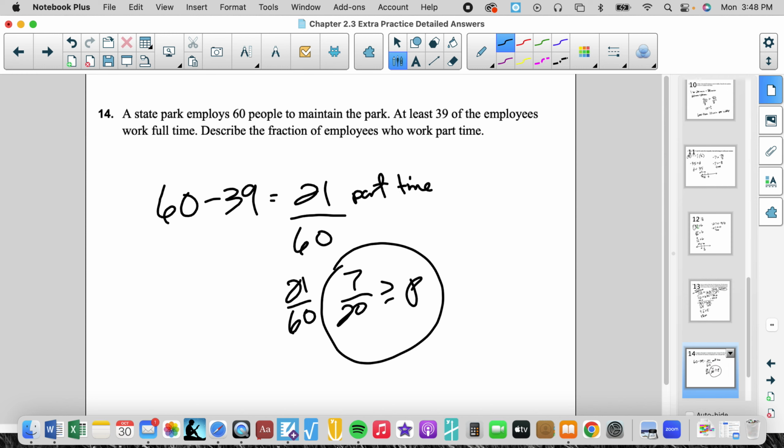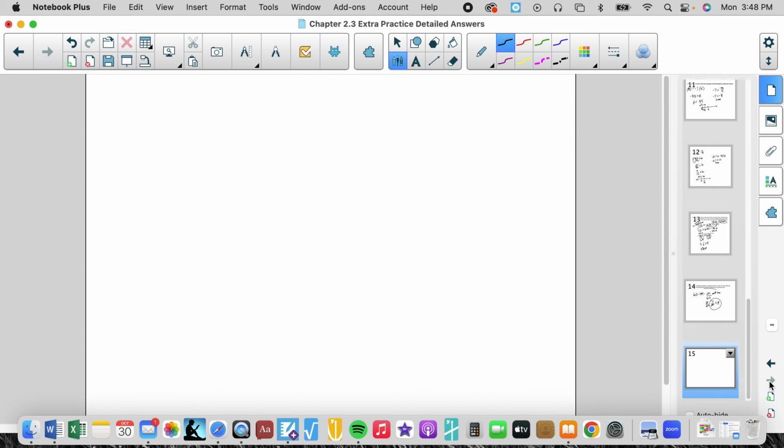We can have no more than 7 out of 20 employees, but I know it's out of 60, so it's really 21, but it wants you to describe the fraction of employees who work part-time, 7/20ths of an employer, or 21 out of 60. Either one's okay. I'm going to give a little flexibility to that. Okay, that was 2-3. Enjoy.